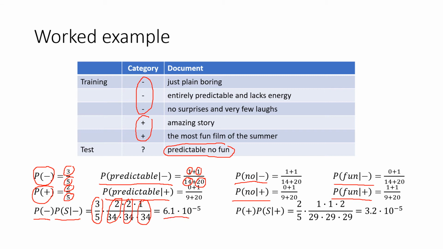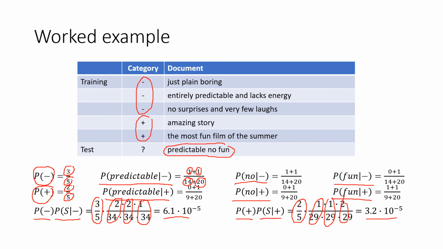And similarly, we calculate the product of the prior positive class with the probability of our test sentence given the positive label. So we multiply the prior with individual probabilities of each of these words given the positive class, and we obtain this number. And in the end, we just compare the values that we obtained.